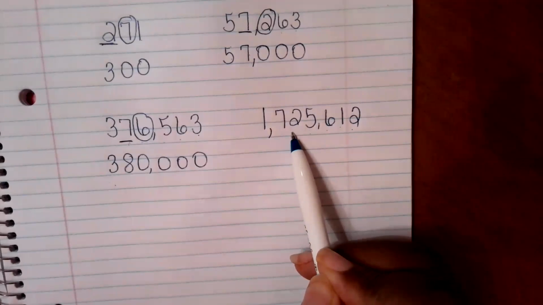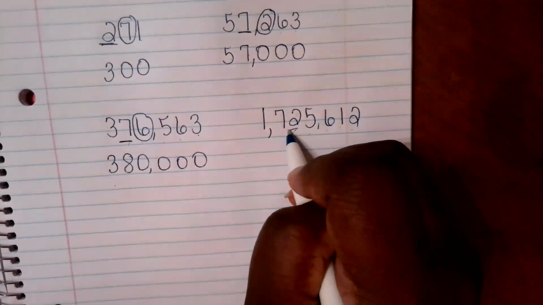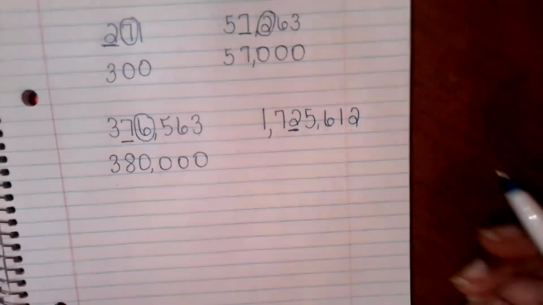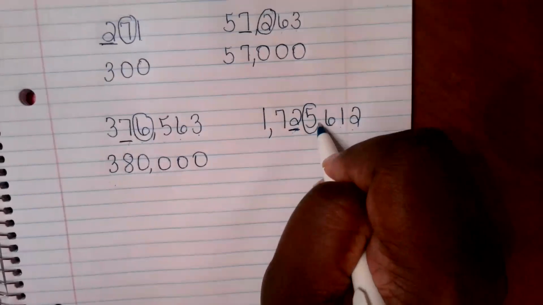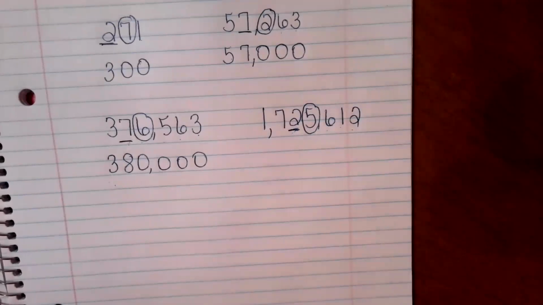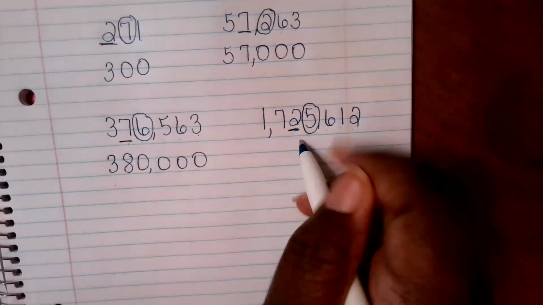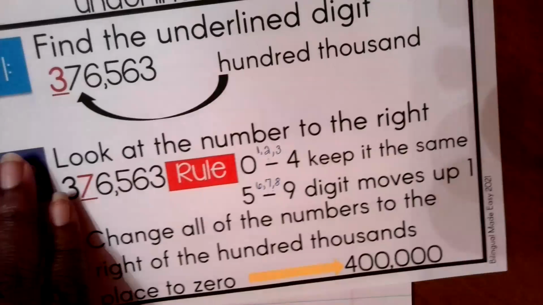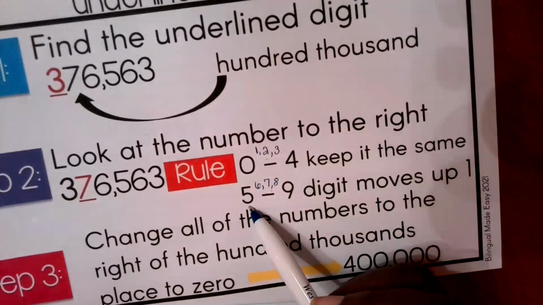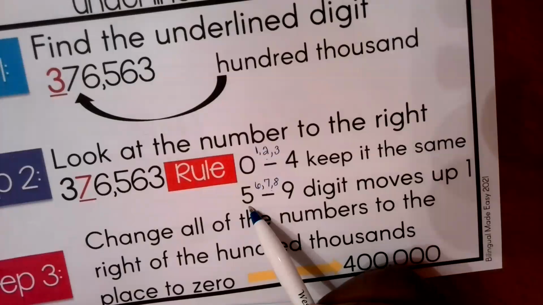Because that's the place value that we're rounding. So I'm going to underline my 10,000s place. And I'm going to circle the number directly behind it. So that 5 is going to tell that 2 what to do. Now I'm going to go to my anchor chart and find my number 5 and see what that 5 is going to say to do.